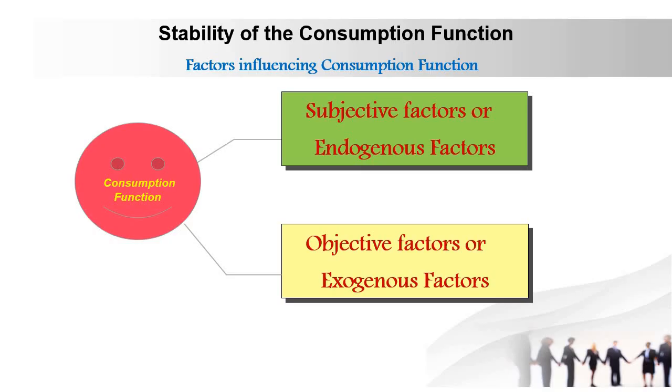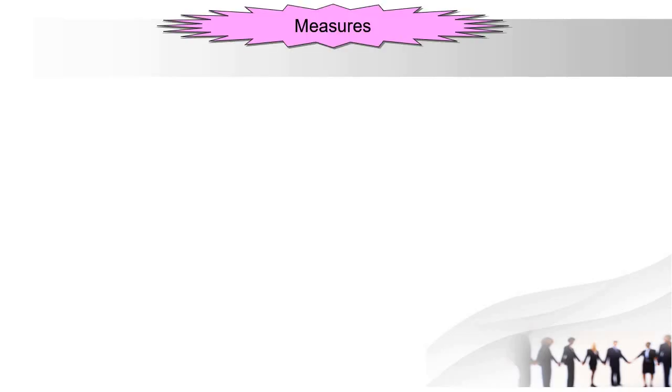Another is the objective factors or exogenous factors. Then the consumption function is stable in the short run. In the long run, it is possible to raise it with the help of some measures.